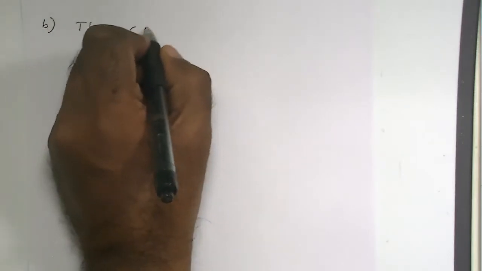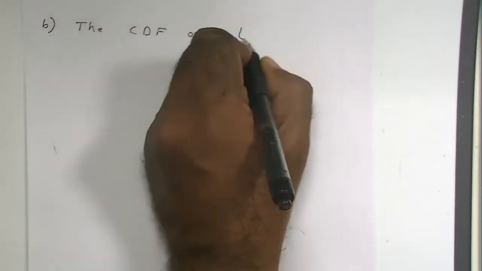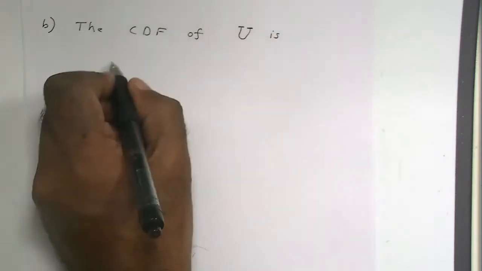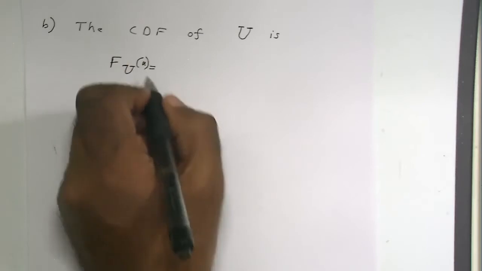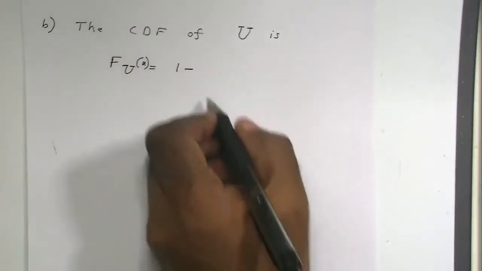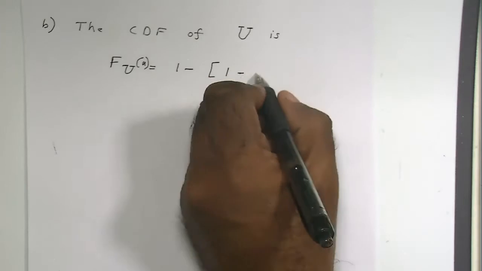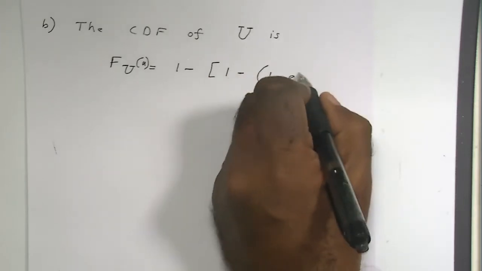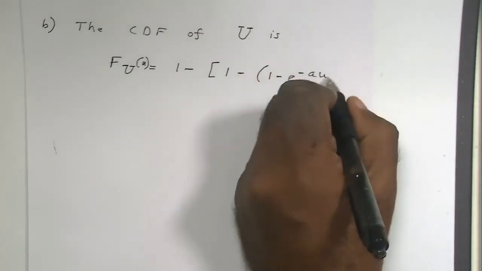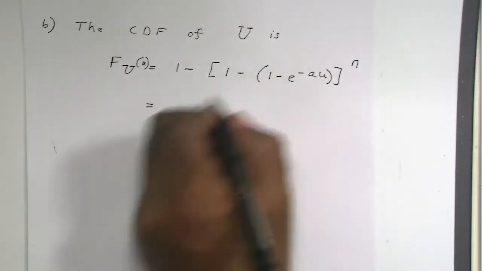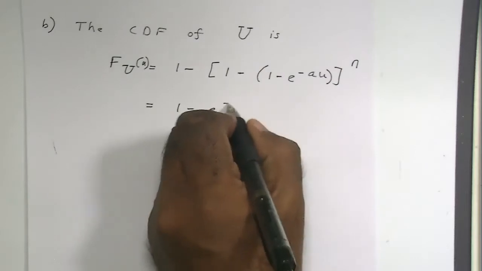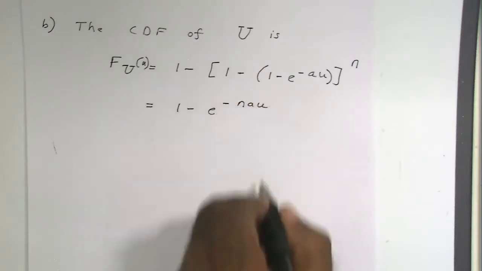To do B, you need to know the CDF of U. The CDF of U is F_U at u, which is 1 minus 1 minus, okay, the 1 and the 1 cancel, so this would be this.